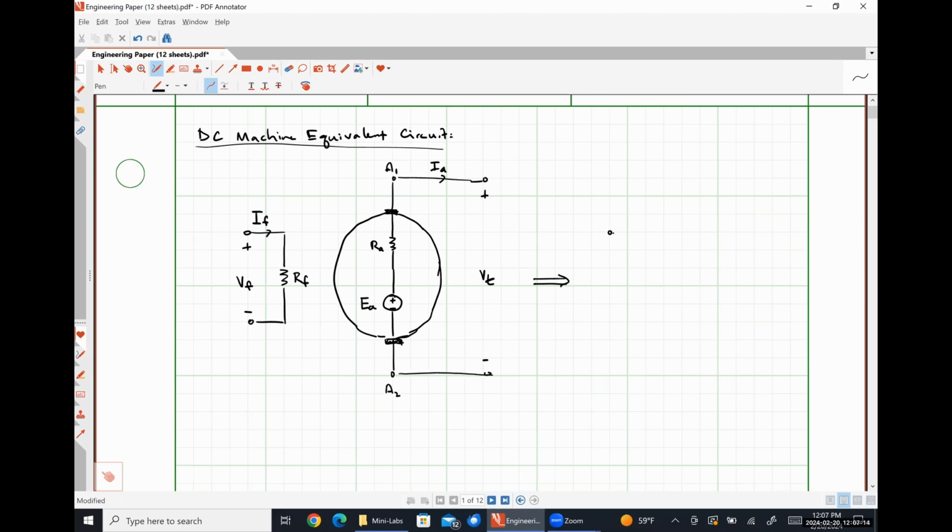So instead of having that big circle representing the armature and all that kind of stuff, we can just draw it like a normal circuit, right? So here's VF, IF, and RF.